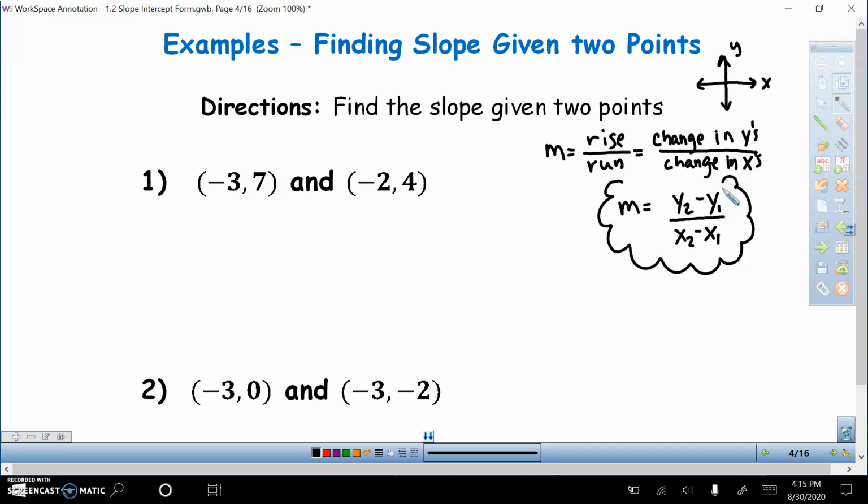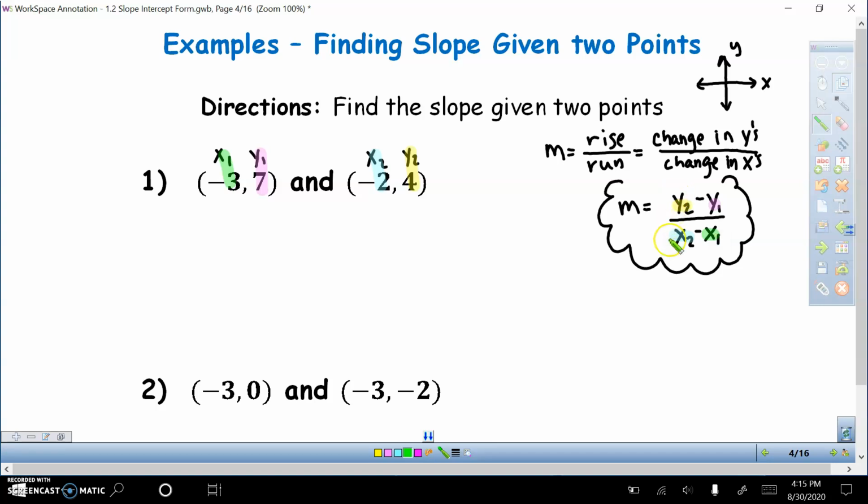Now, you'll notice in number 1, I'm given 2 points, (-3, 7) and (-2, 4). I like to personally label my points, so I pick my first point, and that's going to be my x sub 1, y sub 1, and my x sub 2, y sub 2. So from there, it's just substitution. I put my y sub 2 in for y sub 2, my y sub 1 in for y sub 1, my x sub 2 in for x sub 2, and my x sub 1 in for x sub 1.